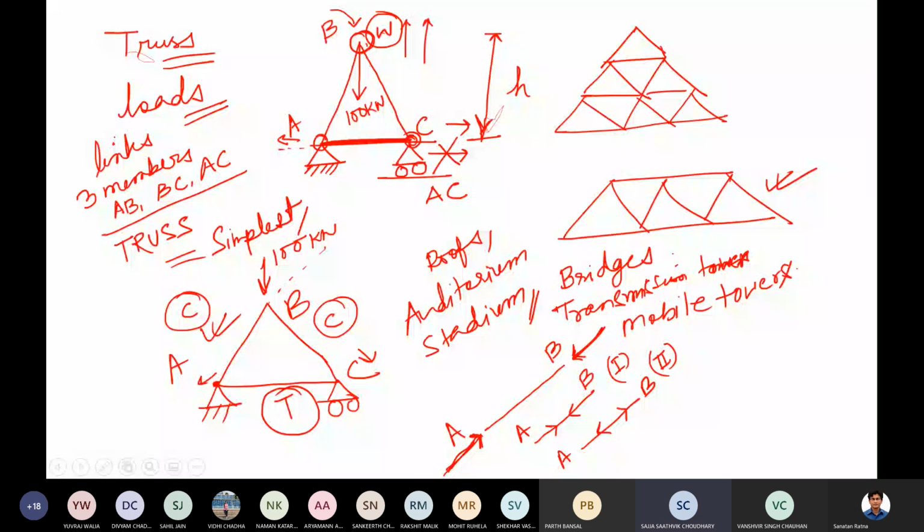Sir, it's the internal force which is generated when an external force tries to deform it. Okay, so basically you want to say that it is internal resistance. Is that okay? So if it is internal resistance, the direction of resistance should be what?